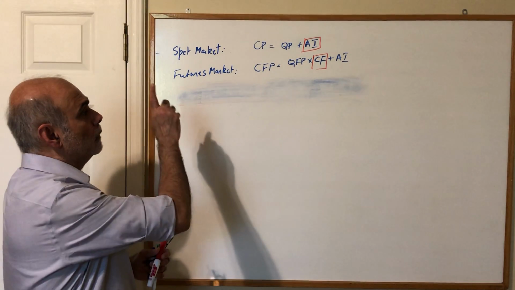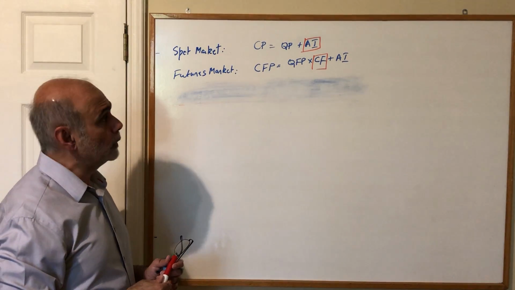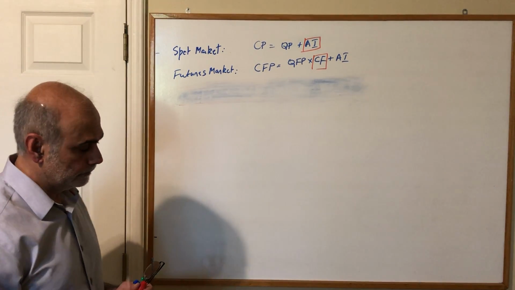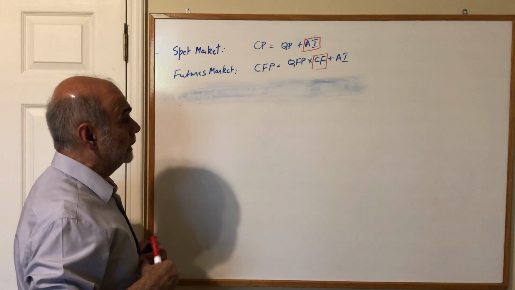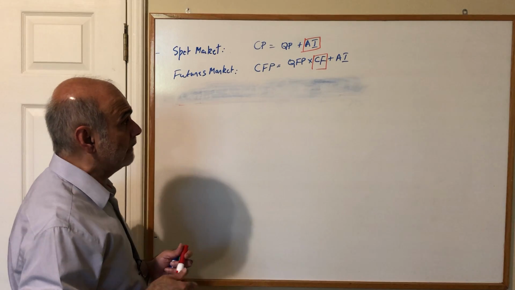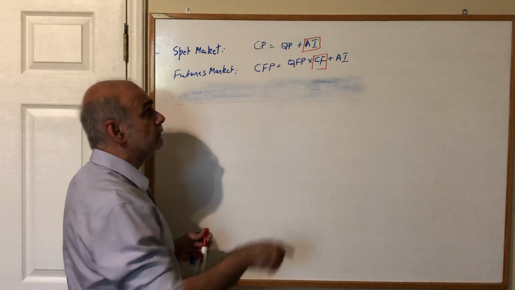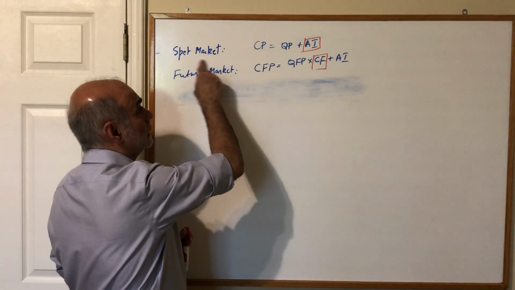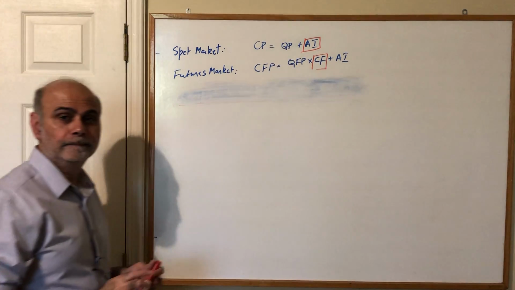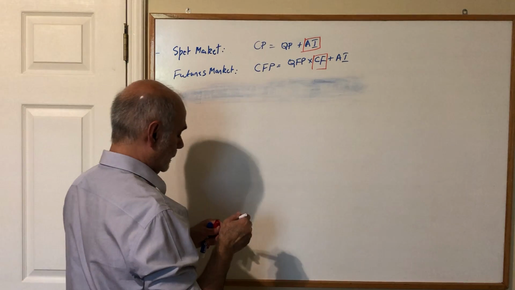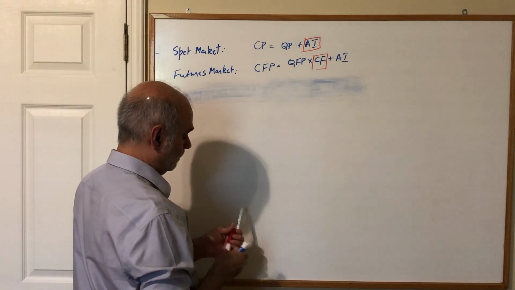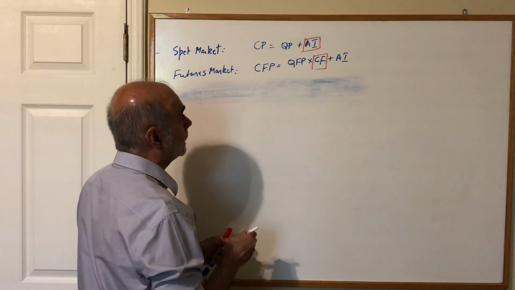Okay, so when we look at these 2 equations, what we're trying to determine is this. What we observe in the spot market is the quoted price. Let me highlight that with a slightly different color.